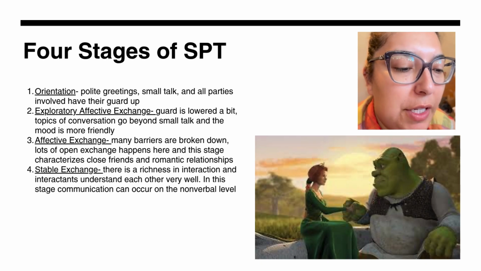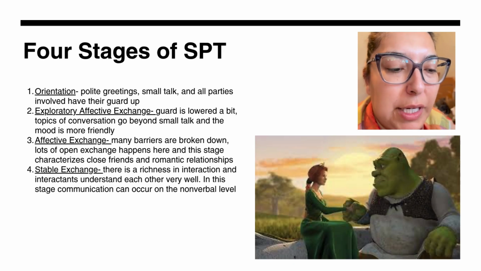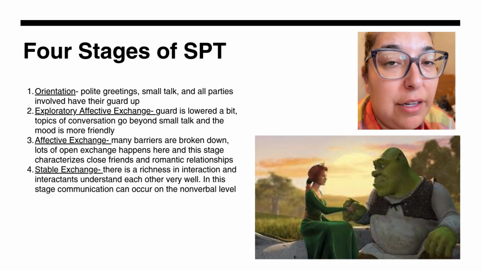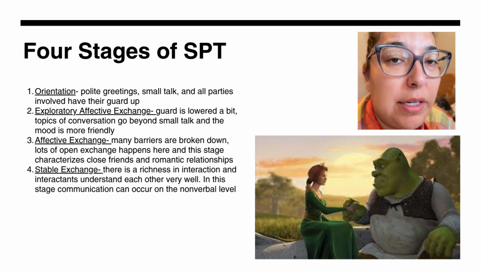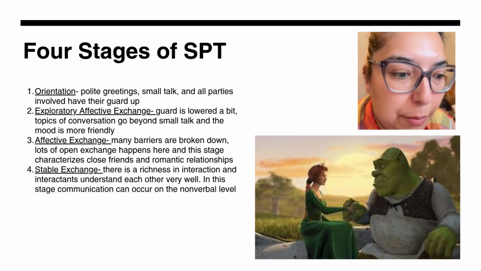So then we move into stage 3, which is affective exchange. Many barriers are broken down here, lots of open exchange happening. And this stage is most important because it's what characterizes close friends and romantic relationships. So you've both hung out outside of the original social situations a few times, many times maybe.